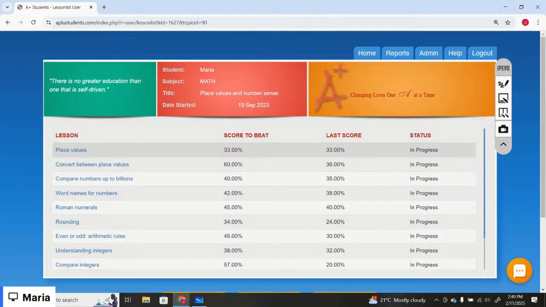The chapter we are working on is place values and cents. The lessons we have covered today are Roman numerals, rounding, even and odd arithmetic rules, and understanding integers.